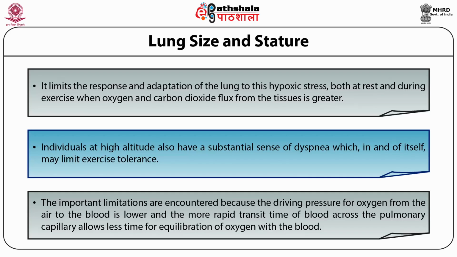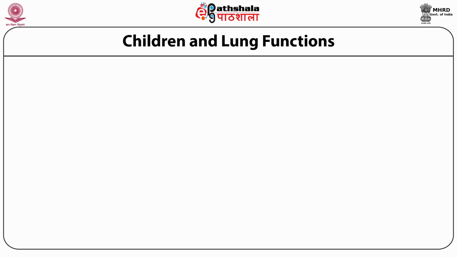Both these phenomena lead to a limitation of diffusion of oxygen across the alveolar capillary membrane and hence more accentuated hypoxemia. Now let's study the changes in our lung functions, especially among children.